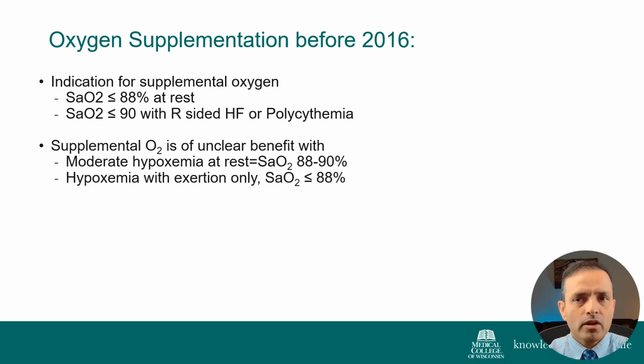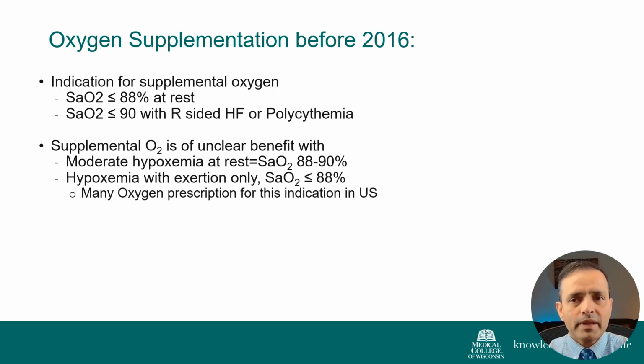Supplemental oxygen is of no benefit when saturation is 88 to 90, and then hypoxemia with exertion only when your saturation is less than 88. Many oxygen prescriptions in the United States are for this indication, and oxygen cost is almost $2 billion per year.